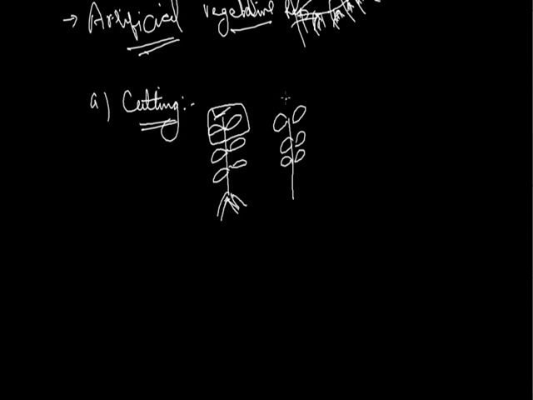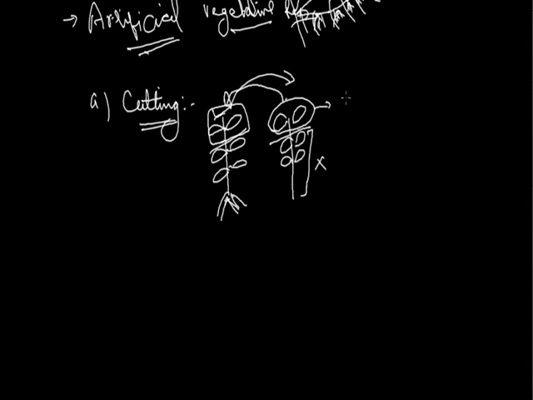But in the other plant the aerial part is very good and the bottom part is not good. So the person, for his beneficial purpose, will cut that part, and cut the other part also, and he will implant the upper part of the second plant on the first plant.